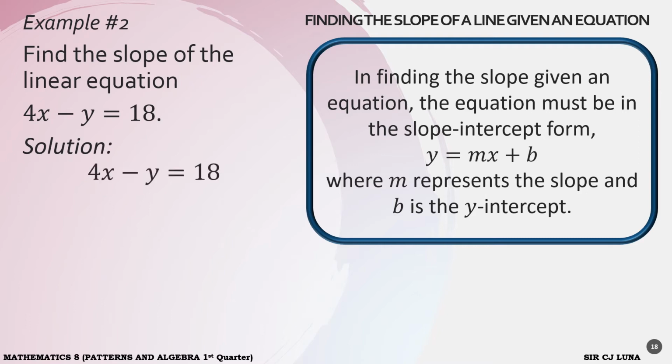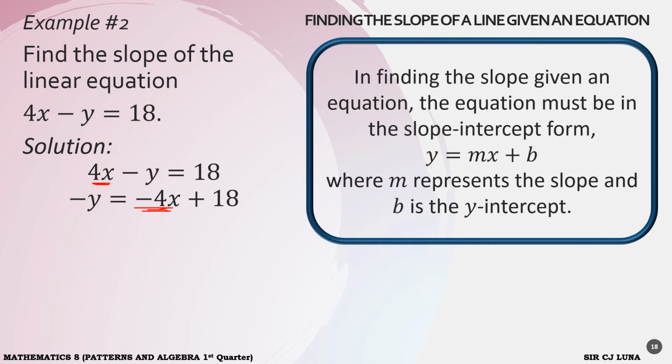So, solution, we have to transpose 4x to the right side. So 4x becomes negative 4x. Again, when we are transposing terms, we are changing the sign. So this is positive 4x, and then it became negative 4x.